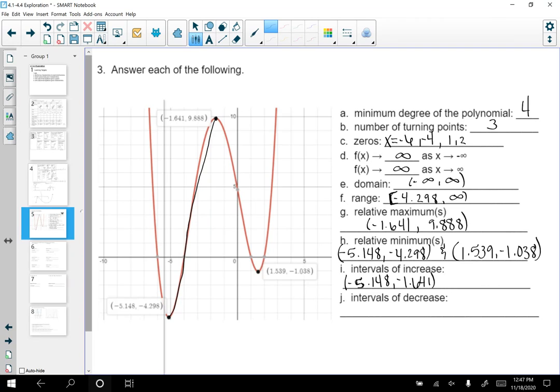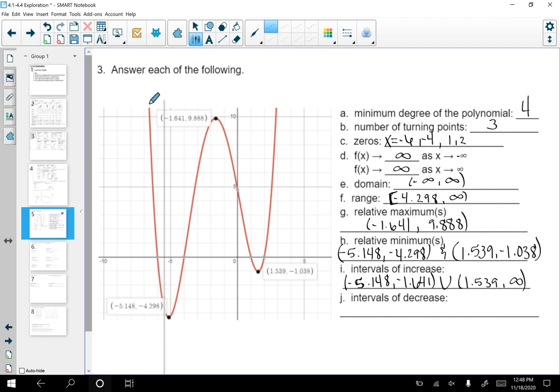And our other interval of increase is right here, 1.539 to infinity. Now we want to connect those with, this is called a union symbol. Okay, so it just tells us that both of those are increasing. It includes both of those points.